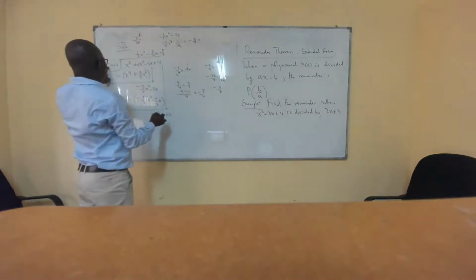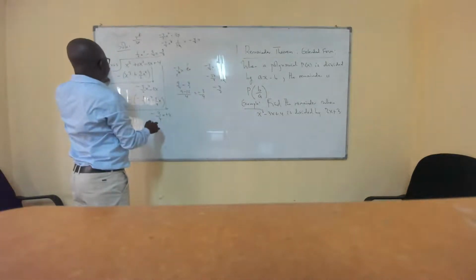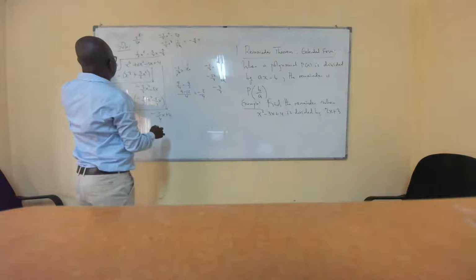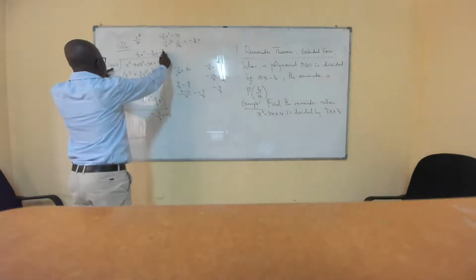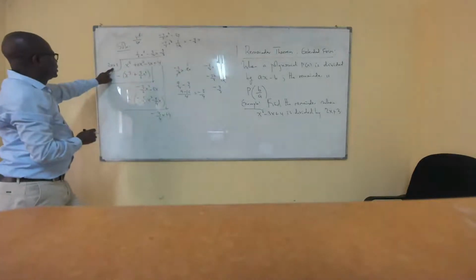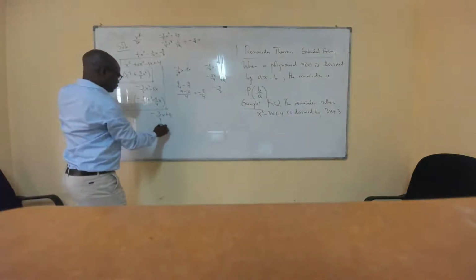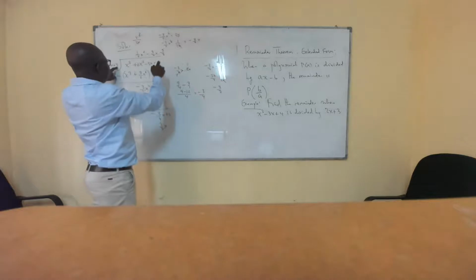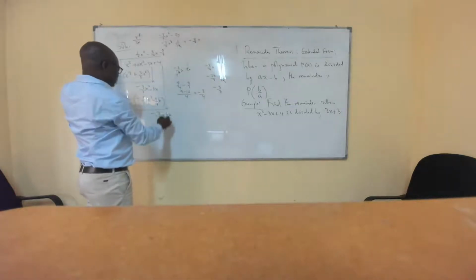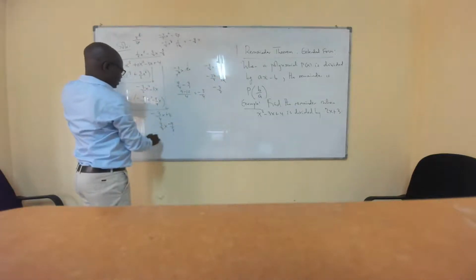So we continue multiplying. 2x times this term will give us minus 3 over 4x. Then when multiplied by 3, it will be minus 9 over 8.